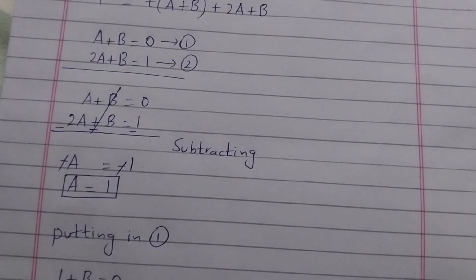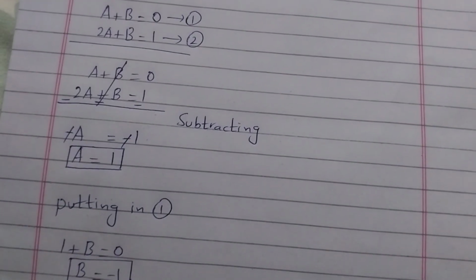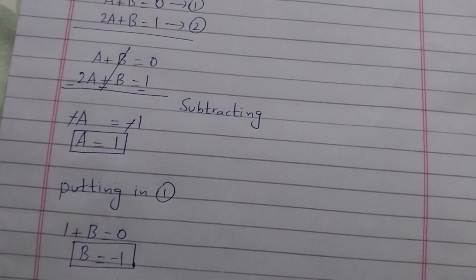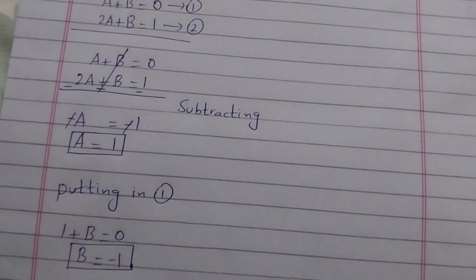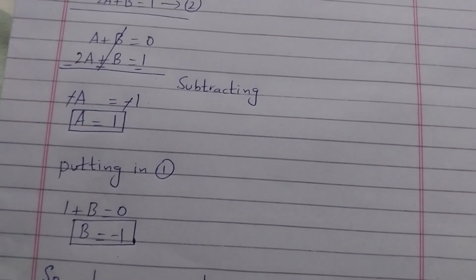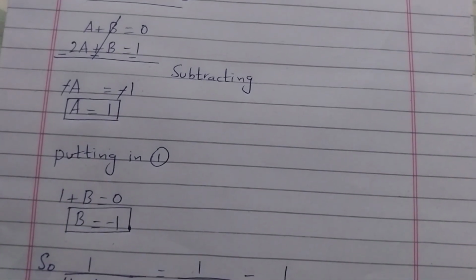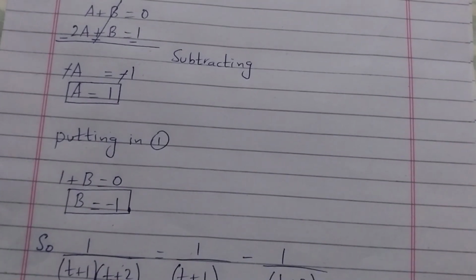So plus b and minus b cancel out, a minus 2a is minus a, and 0 minus 1 is minus 1, so negatives cancel out, and we are left with the value of a, which is simply 1. To find the value of b, we put this value in equation 1, which is a plus b equal to 0. Putting in 1 we get b is equal to minus 1.